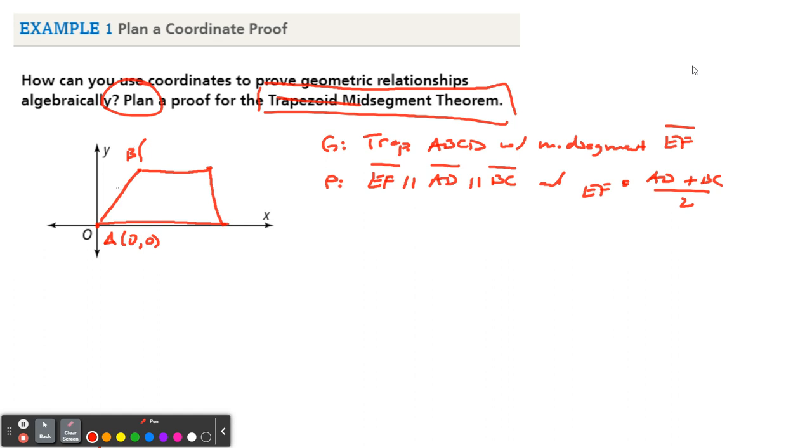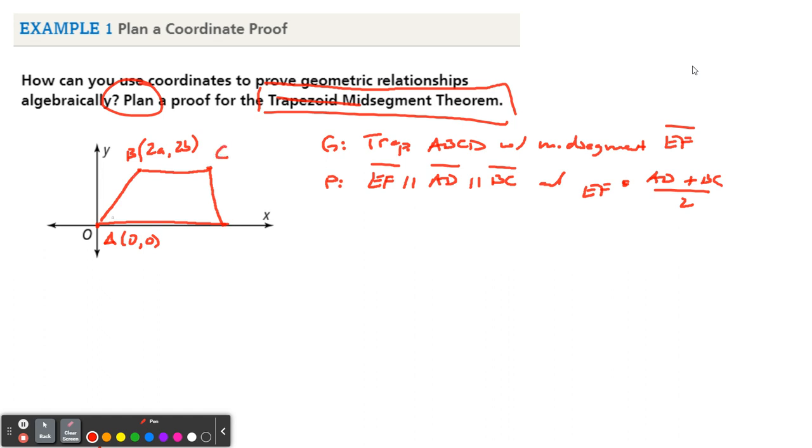be 2A, 2B. Now the reason I use 2's is because I know that midsegment means midpoints. I'm going to have to find midpoint here on AB and here on CD. So when I use the midpoint formula, I have to divide by 2. So it's nice to not have fractions, so to use 2's.